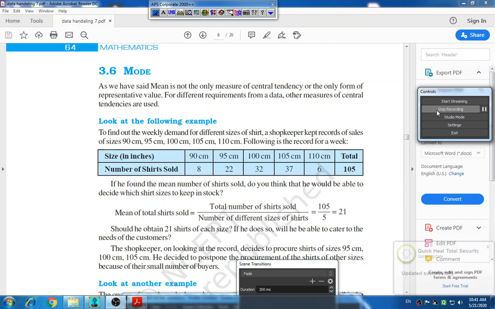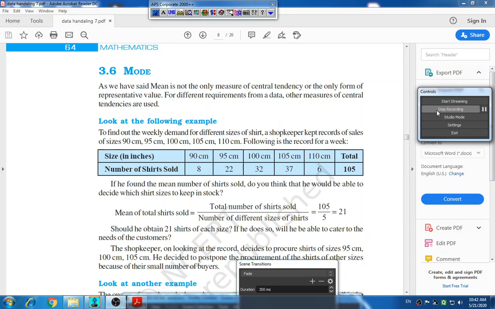To find out the weekly demand for different sizes of shirt, a shopkeeper kept records of sales of sizes 90 cm, 95 cm, 100 cm, 105 cm, 110 cm, and the following is the record for a week. Look at this table. It gives us the different sizes and the number of shirts sold.